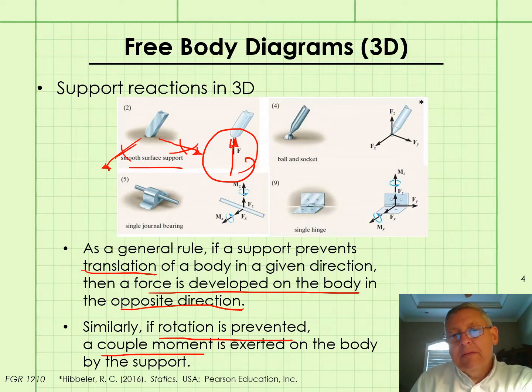Another common type of support is called a ball and socket, otherwise known as a ball joint. Here you can see that it's restricting translation in the X, Y, and Z directions.